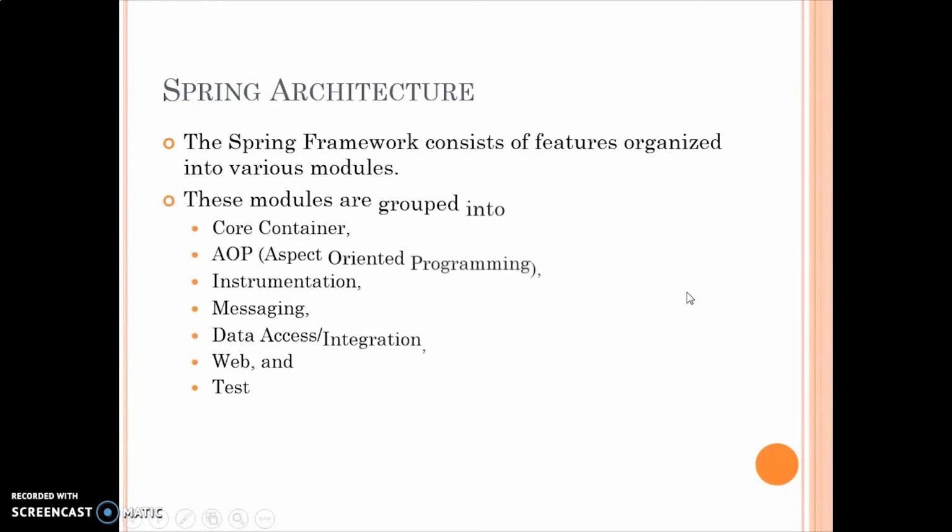Now, these modules are grouped into various sections, that is the core container, AOP or aspect oriented programming, instrumentation, messaging, data access integration, web, and the test modules. So these are the various modules in which the features of Spring Framework are grouped, and each module plays a very important role in implementing a particular sort of feature. We will talk about this in detail a little ahead.